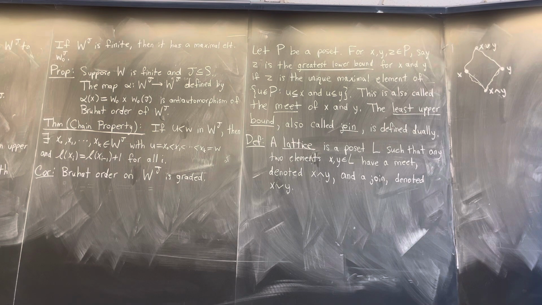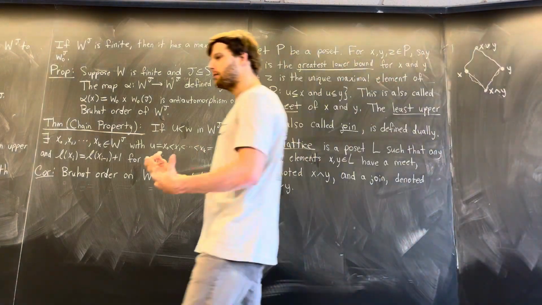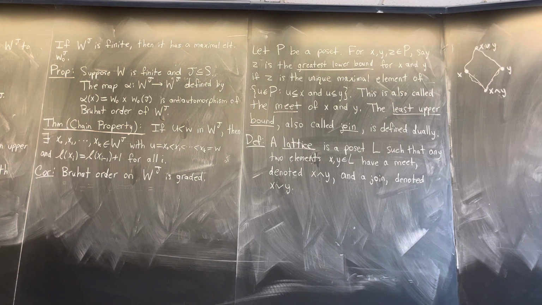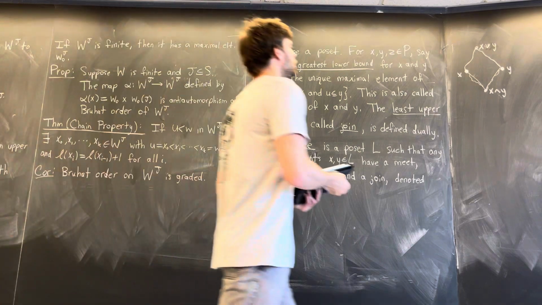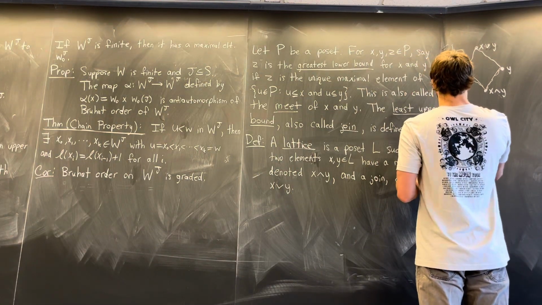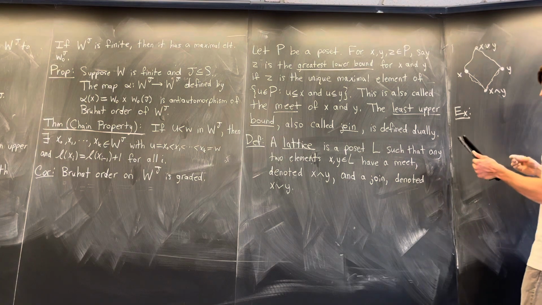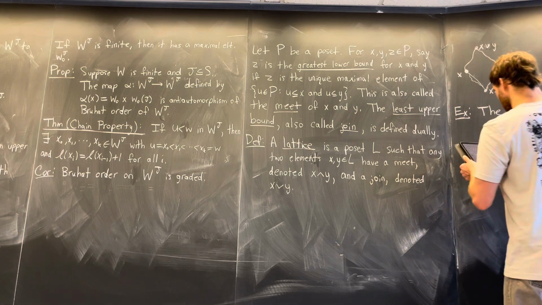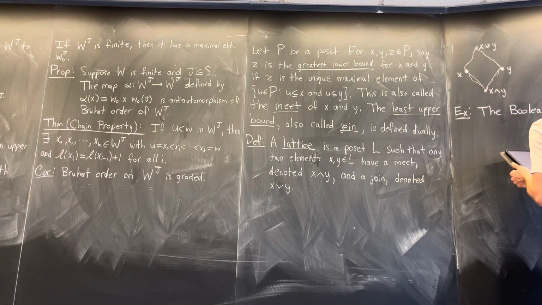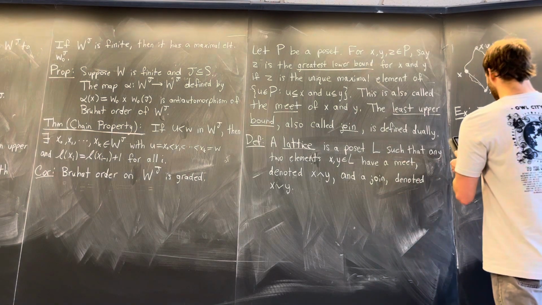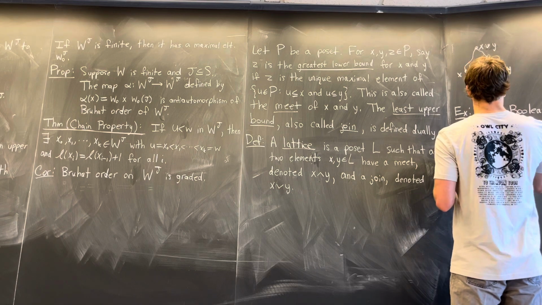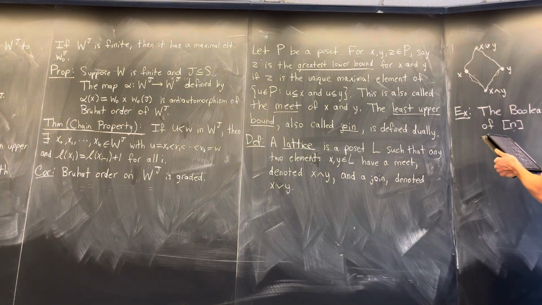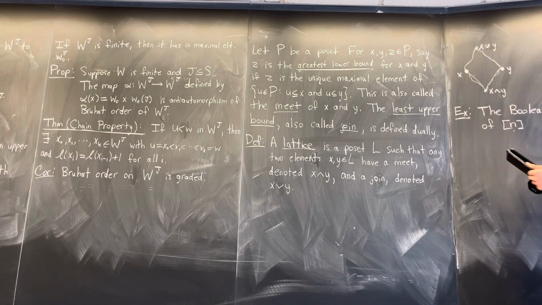Okay, but the other way you can remember it, which I think is probably the reason that these symbols are used, maybe, is coming from the Boolean lattice. So remember, we defined this before. The Boolean lattice is the collection of subsets of, let's say, bracket n, ordered by containment.